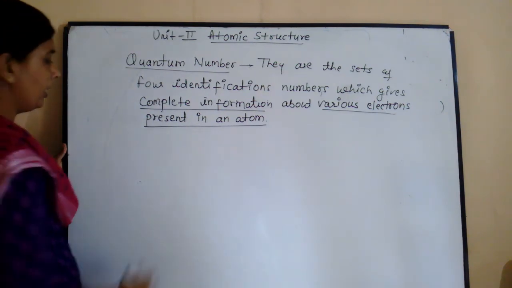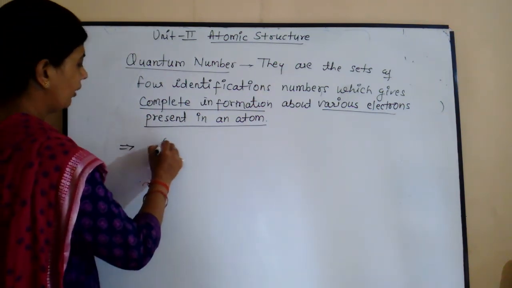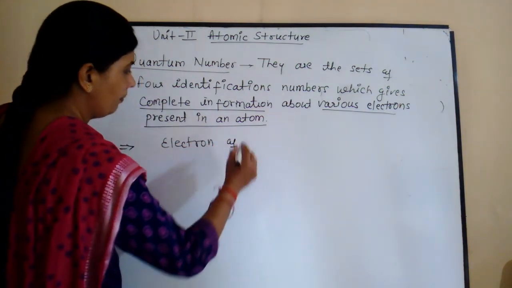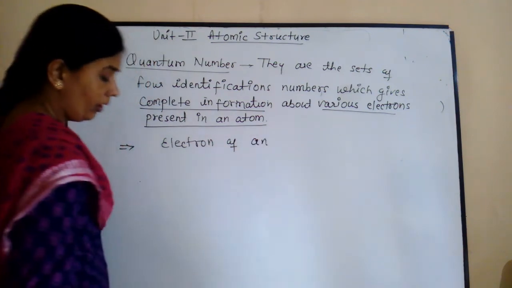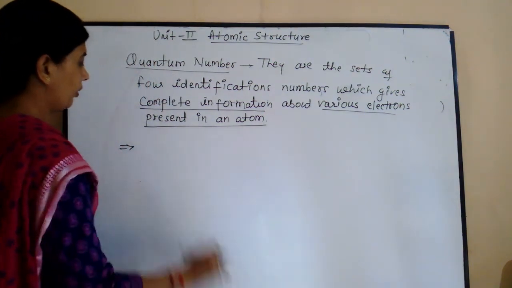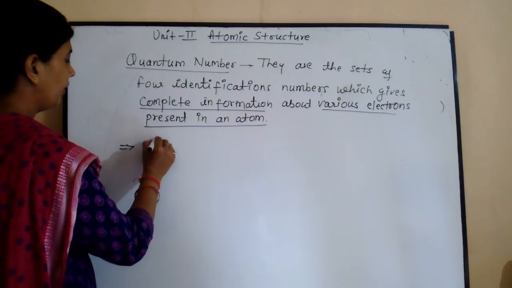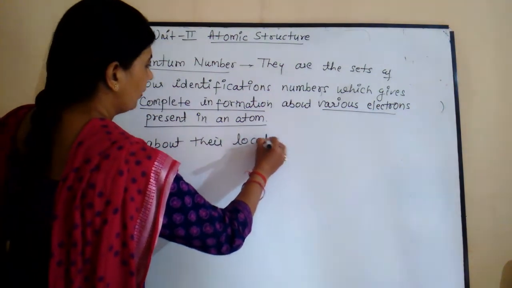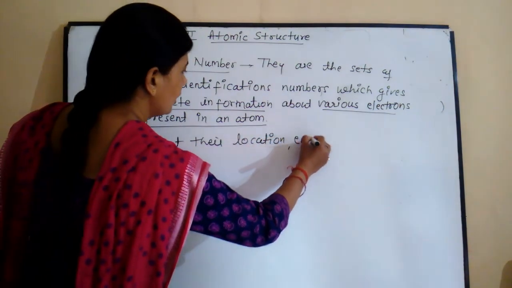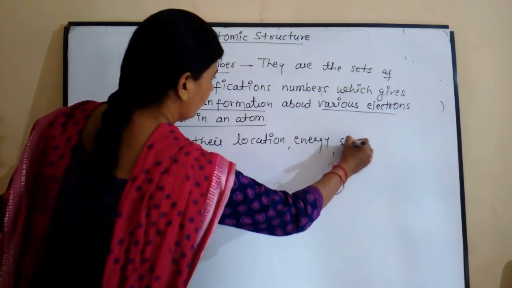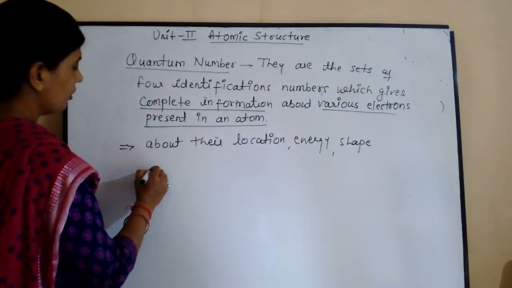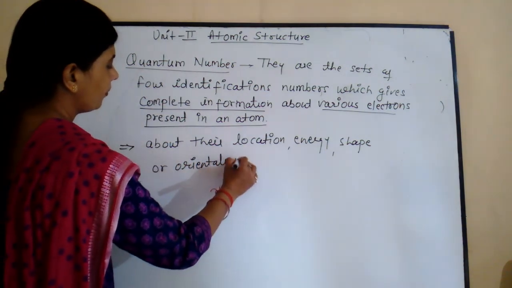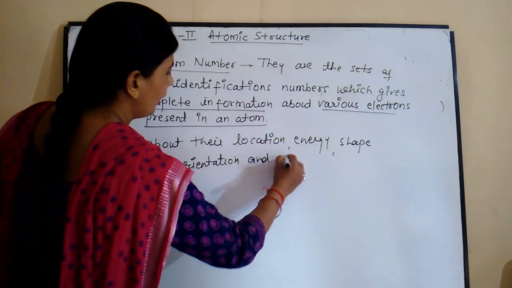What is the information? It gives the information of an electron in an atom about their location, energy, shape or orientation, and spin of electrons.